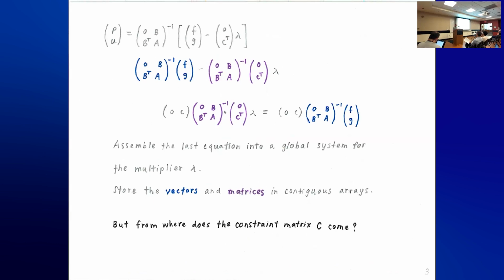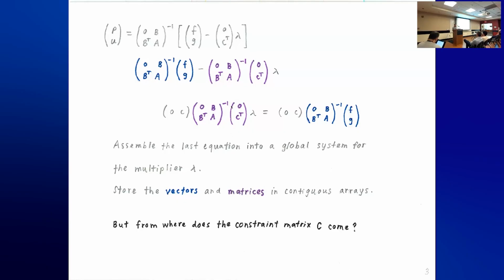And then we substitute it in. And this is our last equation, which we assemble into a global system for the multiplier. And we store the vectors in blue and the matrices in purple.